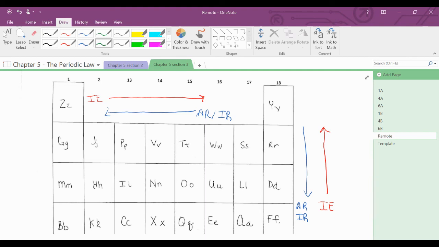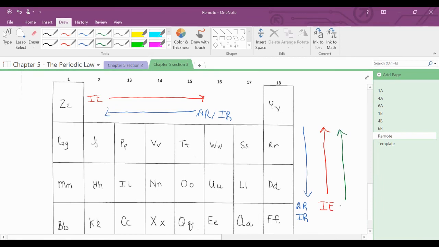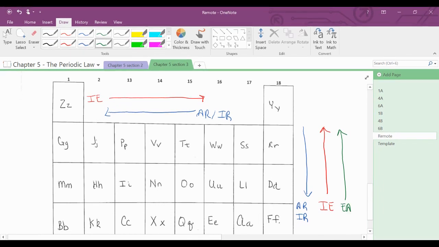Okay, let's look at electron affinity. So electron affinity is the energy needed to add an electron. And for this case, the more negative it is, the bigger the electron affinity value.